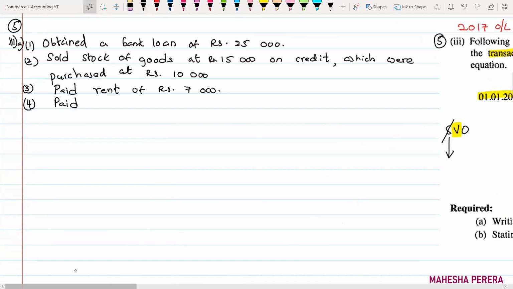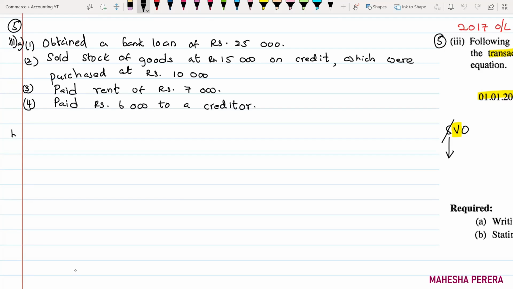Paid 6,000 rupees to a creditor. Or you can say to creditors, but I'm going to write a creditor because probably it has to be one person. No, right. So these are our transactions, and we wrote all the transactions.